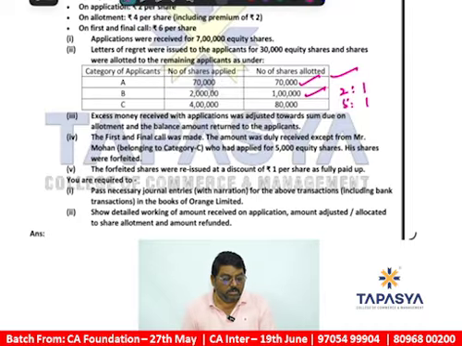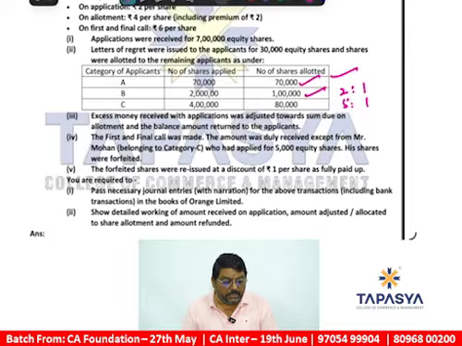Mr. Mohan belonged to C category, means 5:1 category. And 5,000 shares applied by him, 5:1, 5,000 applied means 1,000 only given to him, very clear. His shares were forfeited, cancelled. These forfeited shares were reissued at 1 rupee discount, means you collected 9 rupees.